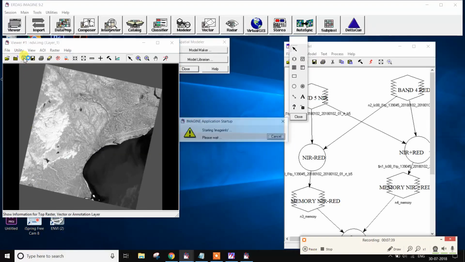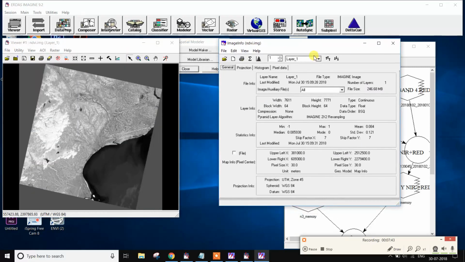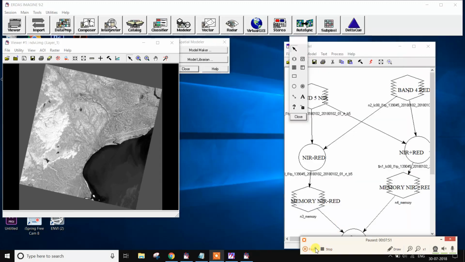So there is the minimum of -1 and the maximum of 1 in the NDVI. This is the highest value, 1, and the lowest value, -1.